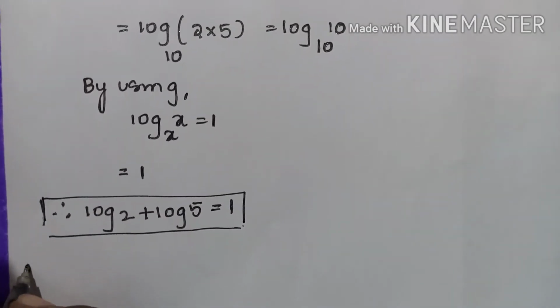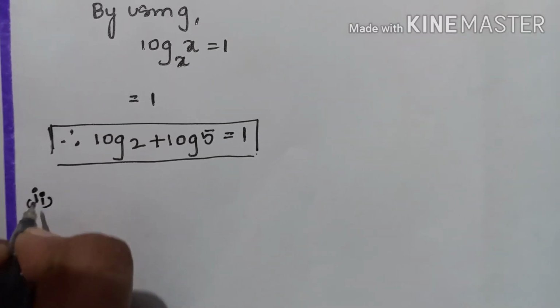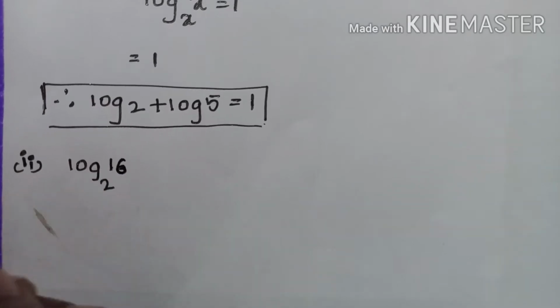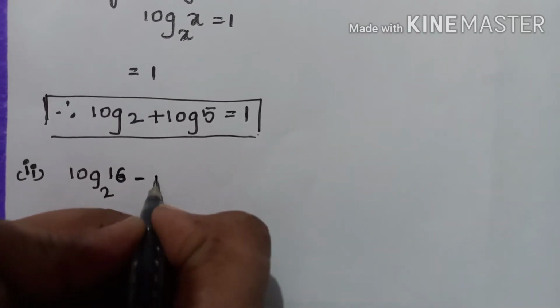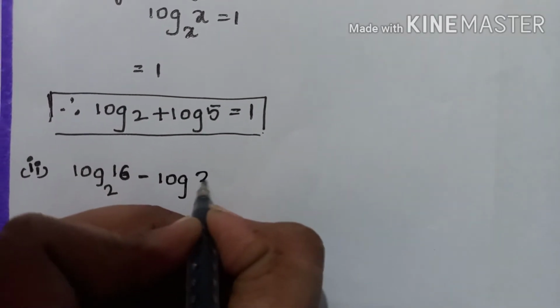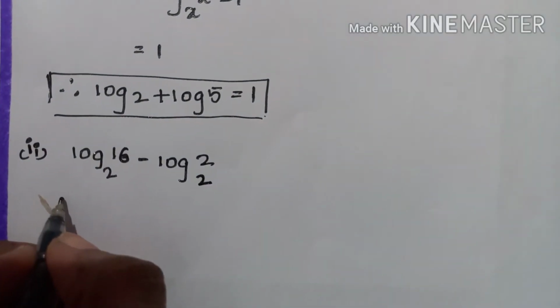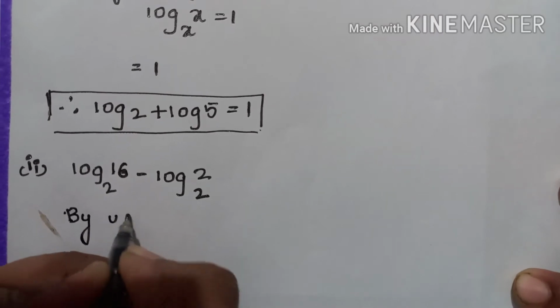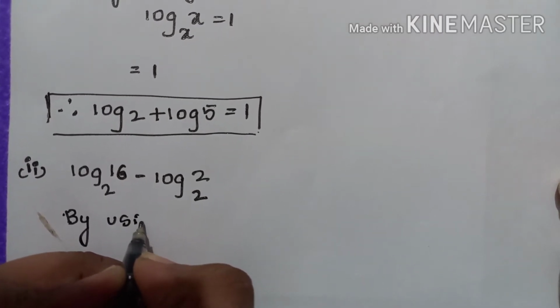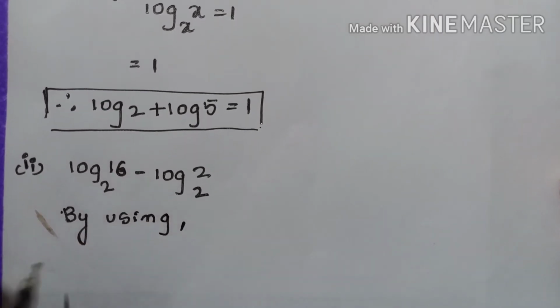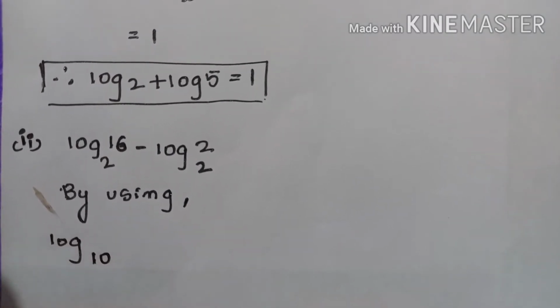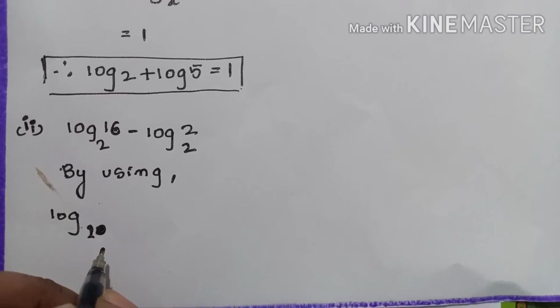Now the second one, which is log 16 base 2 minus log 2 base 2.